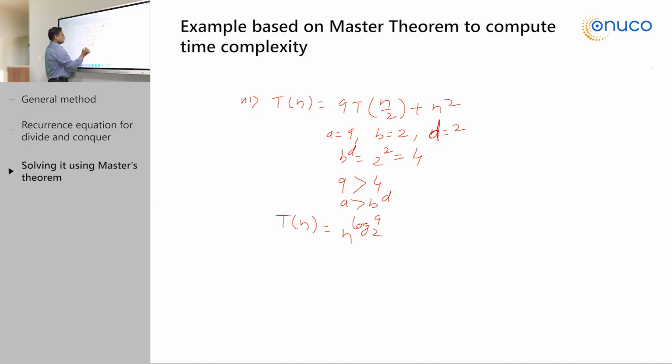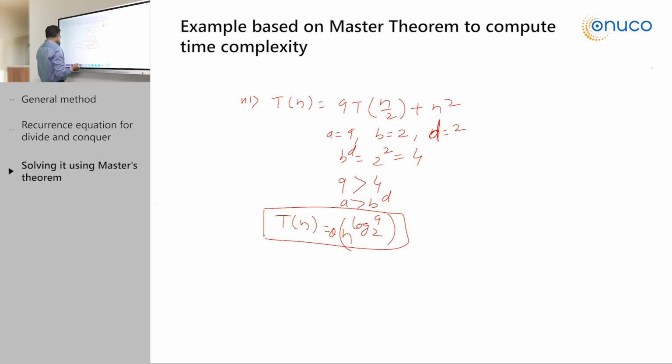So this is the time complexity of the given problem, T of n is 9T of n by 2 plus n square: T of n is equal to theta of n to the power log 9 base 2. If you compute it, it will give you n to the power 3 point something, right? 2 power 3 is 8, so it will give you n to the power 3 point something. Okay.